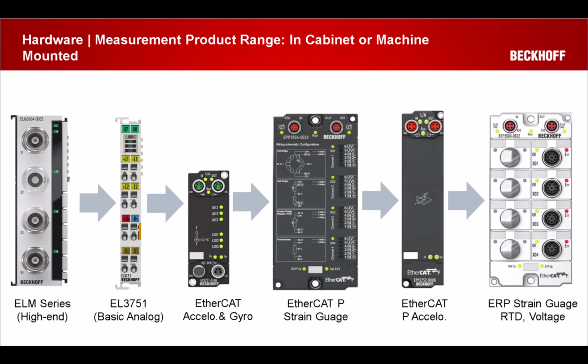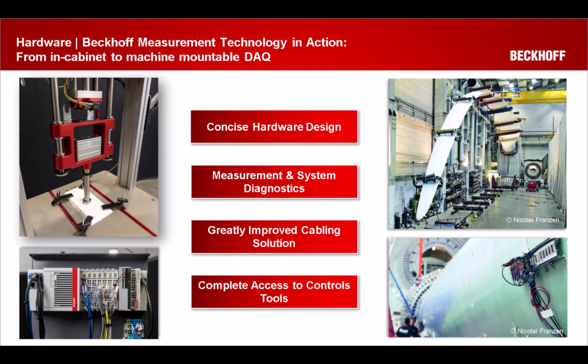And now let's take a quick look at some applications where this technology has been applied. And two examples of approaches to harness Beckhoff measurement technology. We have on the left an application condensing various system functionalities into a lean cabinet solution.